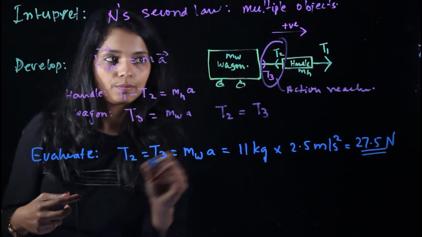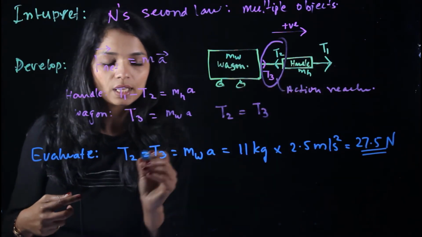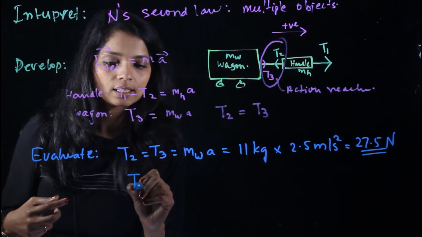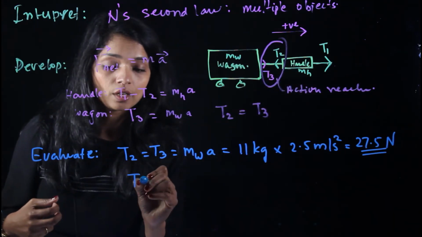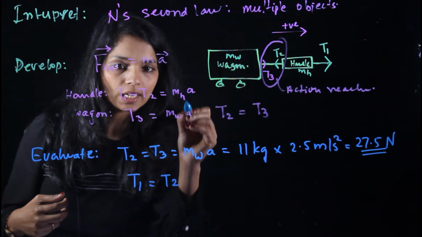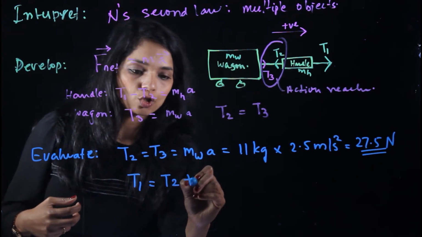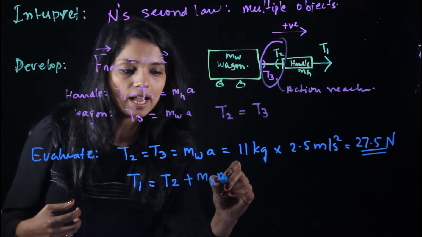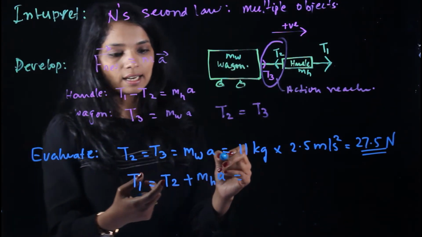And now let's find T1. That's the force the child is pulling on the handle with. T1 equals T2 plus the mass of the handle times A, just rearranging the equation.